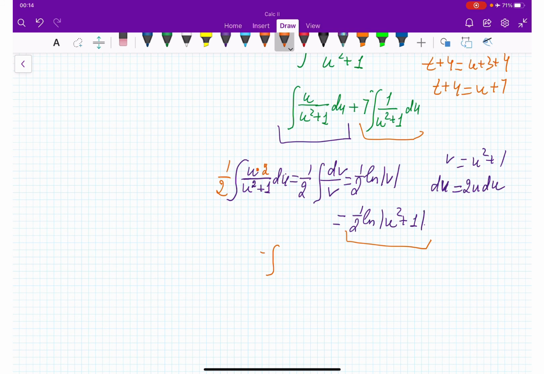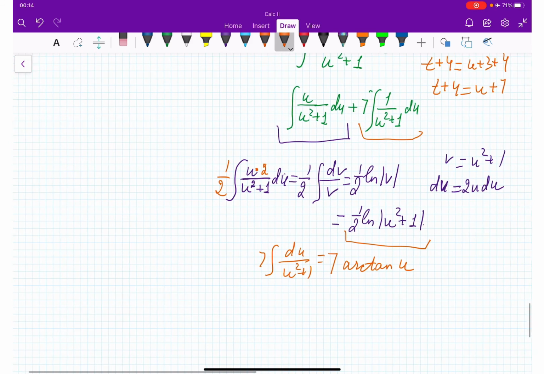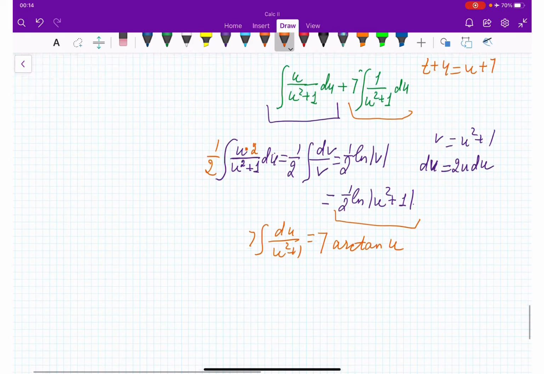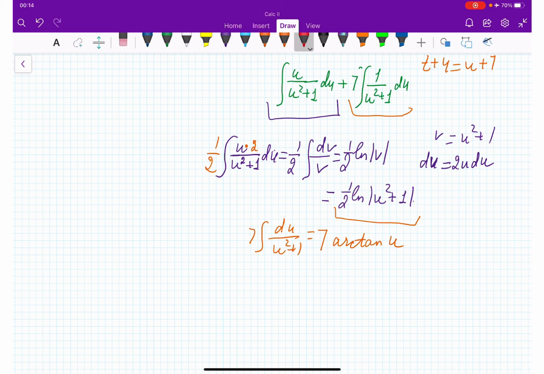So integral 7 du over u squared plus 1 is 7 arctangent u, because integral of du over u squared plus a is equal to arctangent u over a.